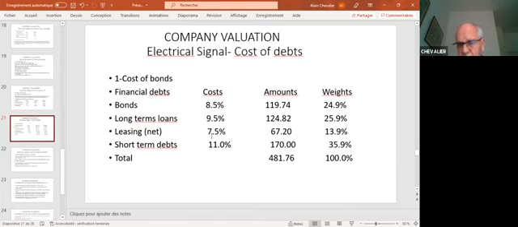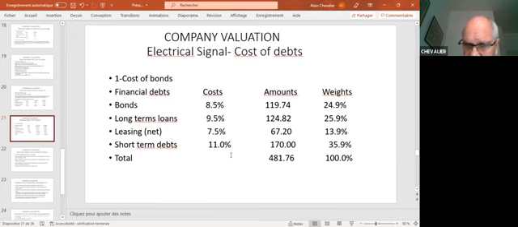Leasing, we already knew that the cost was 7.5. The amount is 67.2. It's nearly included in the data brought into the case, and the weight, 67.2 divided by 481.76, is 13.9.